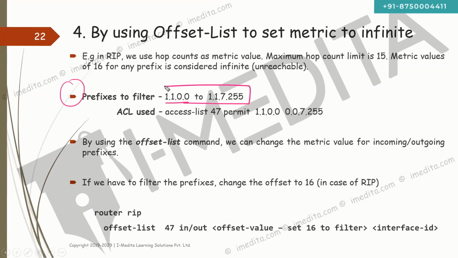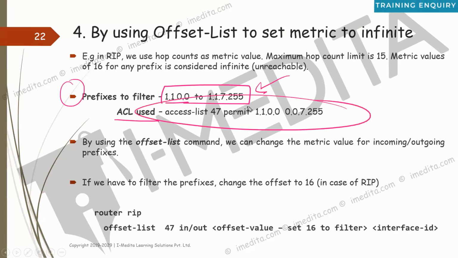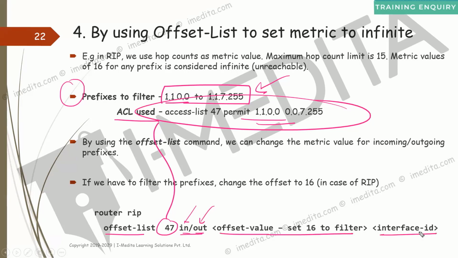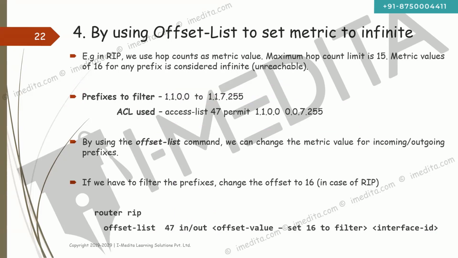I used an access control list to match these prefixes first, and then the command offset list number 47, then in or out, meaning whether you want to increment the metric value for incoming or outgoing prefixes, then by how much you want to increment the metric value, and then on what interface.